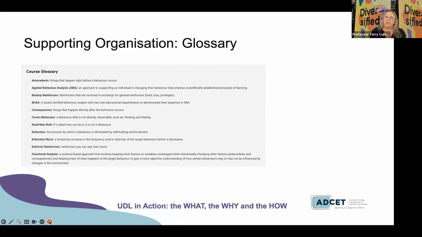Another way to support students' organization is to provide a glossary. No matter what subject area you're teaching, especially at the university level, we have technical language. This glossary, if you look at it, is from a classroom management course I teach. It's advanced behavior support for students with disabilities.